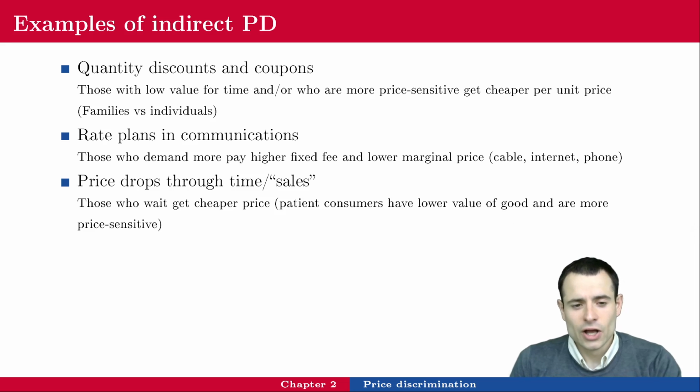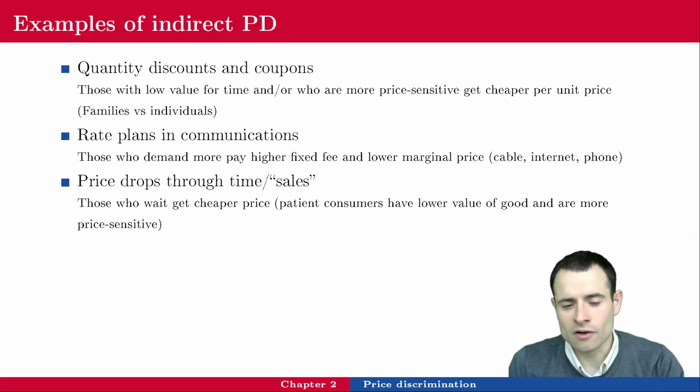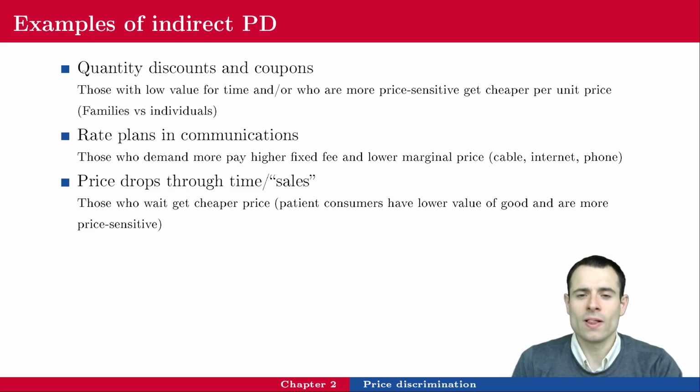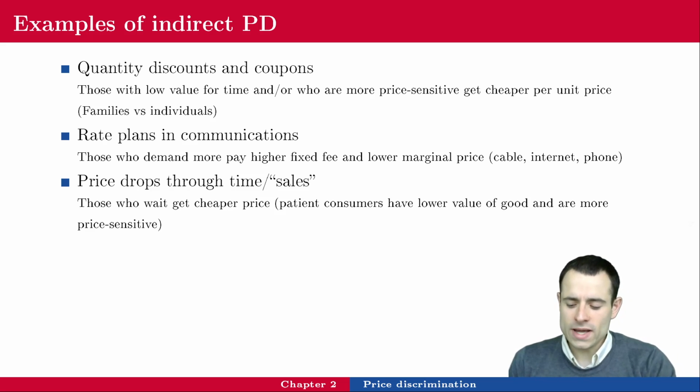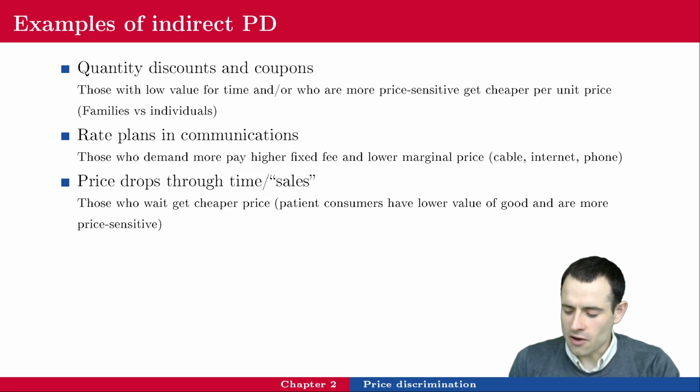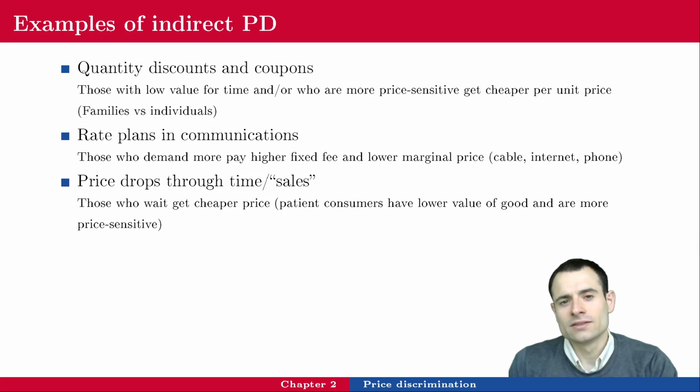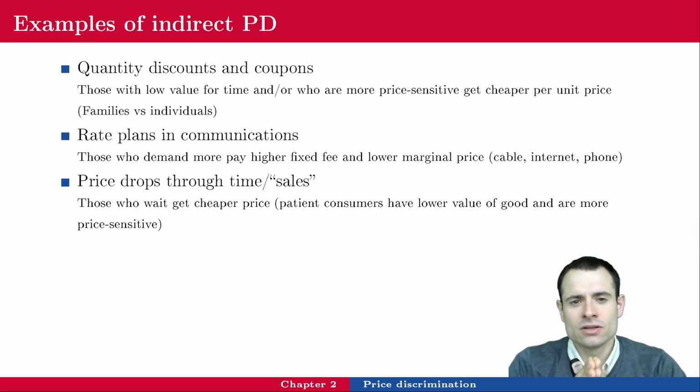In fact, an interesting feature of sales in general is that sometimes a week before some sales, the price tag of many goods is increasing. Why is that? The idea is that it will anchor consumers' expectation of the price of a good.